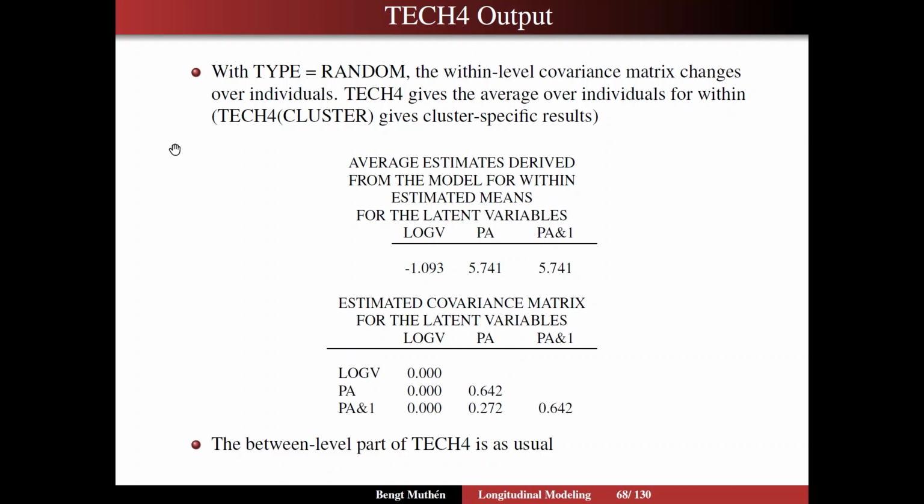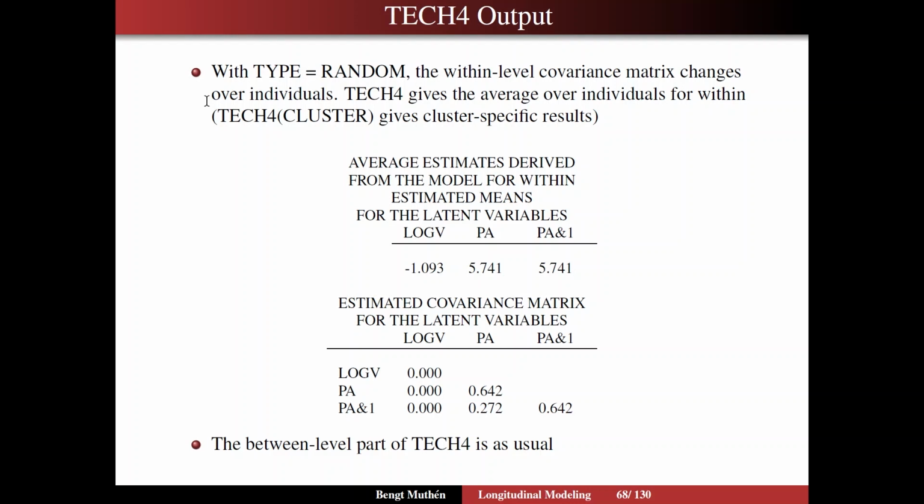The within level covariance matrix changes over individuals when we have type equals random. So think about that in terms of the picture. The residual variance changes over individuals, and therefore the variance of PA on within changes across individuals.